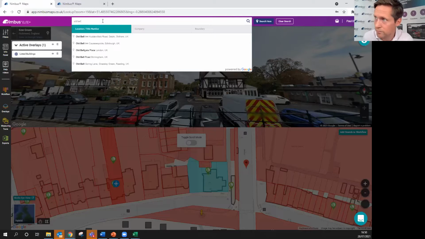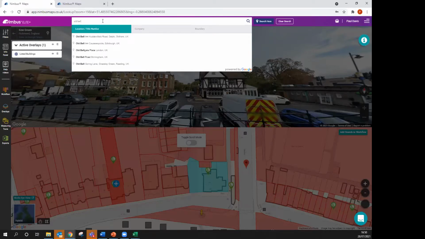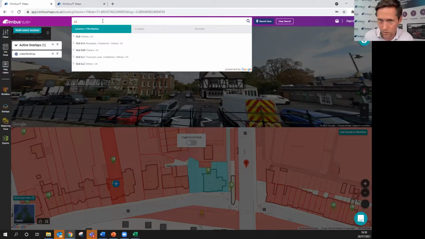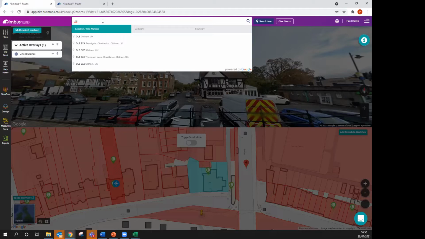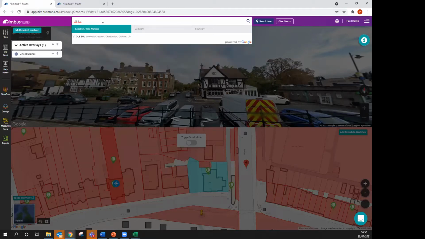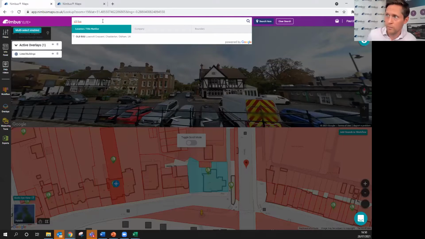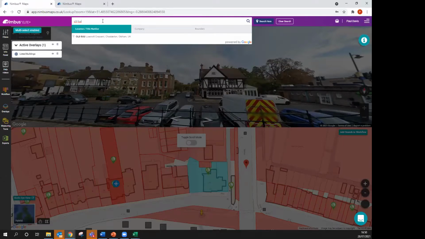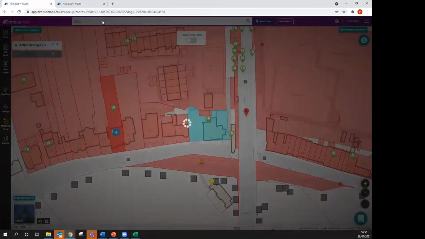The Old Bell. OL9 9W. It's a code language. Is that Oldham? Yeah, Lowcroft Crescent. Let's have a look.